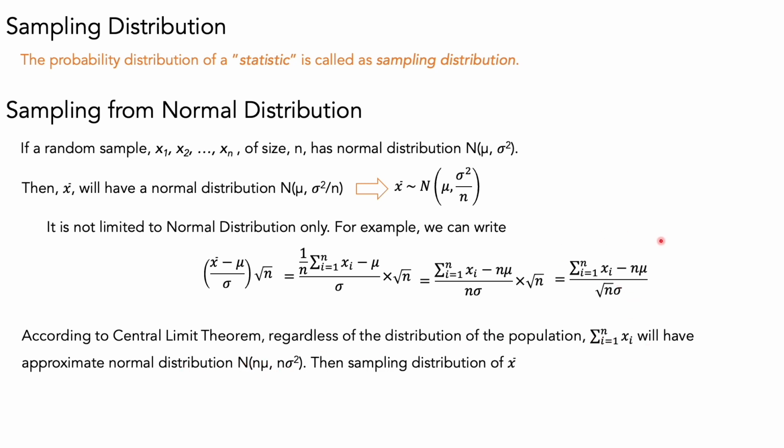And from this expression we can say that the sum of xi has a normal distribution which has mean n mu and variance n times sigma square, because this one written here is the standard deviation, and if we want to compute the variance from here, we just square it, so its square will be equal to n sigma square.